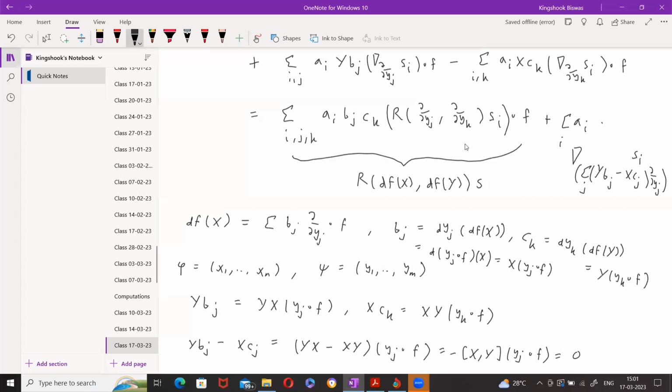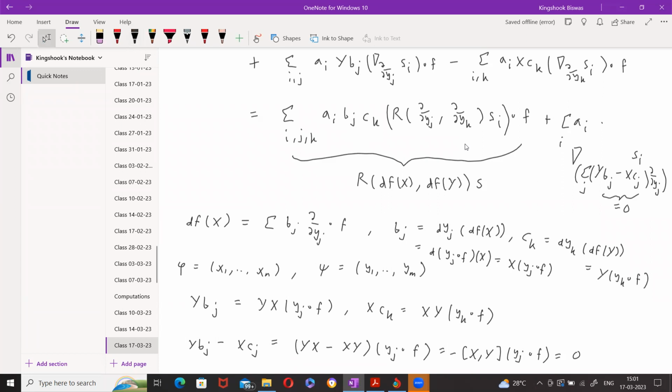Is this all right? Yeah. So this term here is 0. Is this clear? Yes, sir. Okay. Sorry for the slightly messy calculation, but it works out. So finally, what do we get? This extra term vanishes. So all we have left is r of dfx, dfy acting on s. That's it.